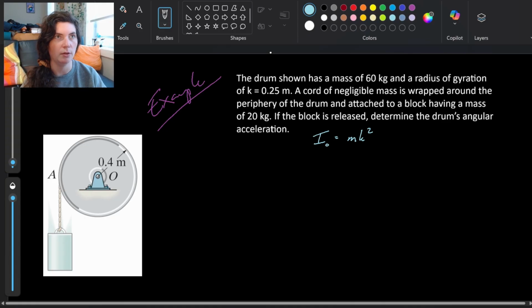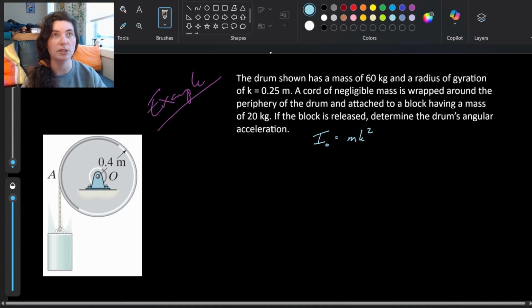And that's going to be about our fixed axis there. So we've got a drum of 60 kilograms, a radius of gyration of K equals 0.25 meters. A cord of negligible mass is wrapped around the periphery of the drum and attached to the block having a mass of 20 kilograms.